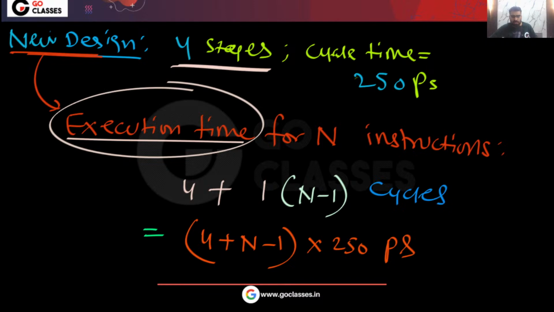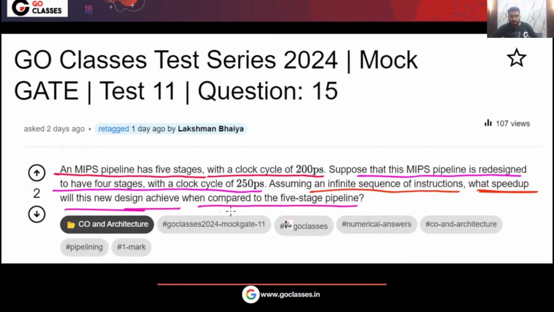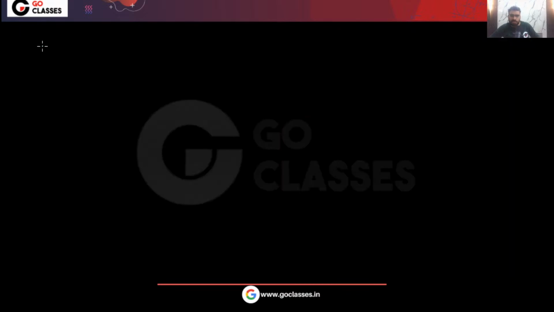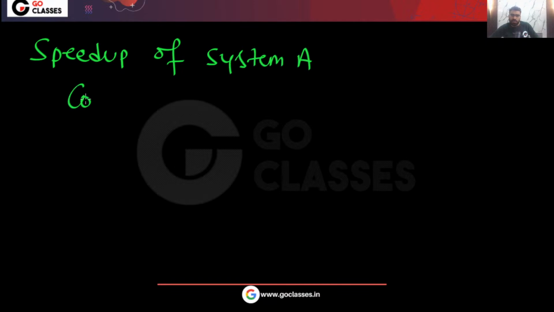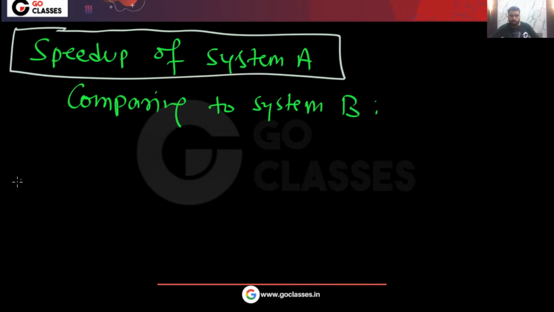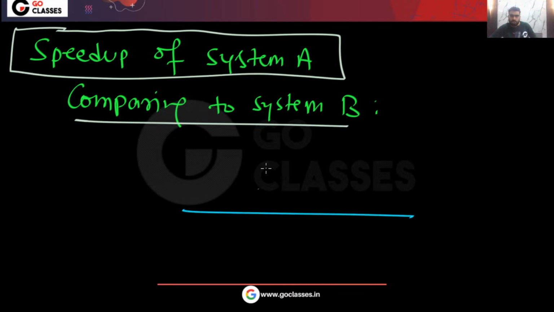Now the question is asking the speed up of the new design compared to the old design. Let me tell you something. If you want the speed up of system A compared to system B, then what is the formula? The execution time of A will come in the denominator.